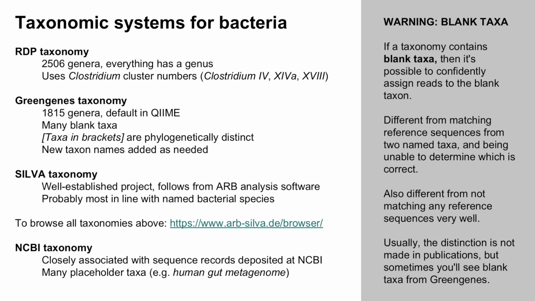And so that's its main thrust. It has buckets for everything you would need a bucket for when you're depositing sequences in their system. They keep it pretty well maintained, but it's not fashioned exclusively to classify organisms. It also has human gut metagenome if you need to label something that.